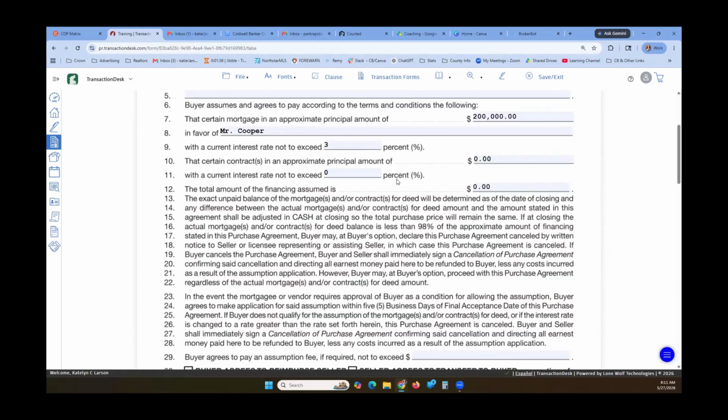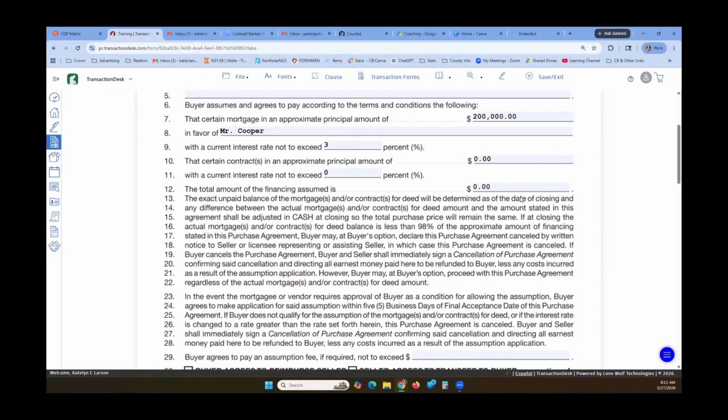It's a holdover from the before times when a contract for deed was fairly normal. So what this says is that certain contract for deed, in an approximate principal amount of, you would put in whatever's left on that contract for deed. If there isn't one, you put 0. With a current interest rate not to exceed whatever percent that contract for deed is. If there isn't one, you put 0.